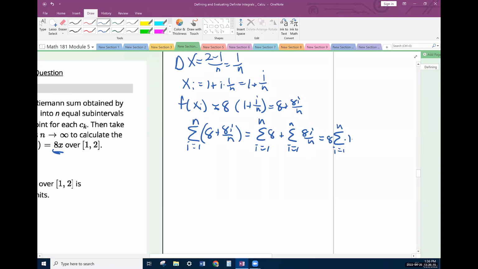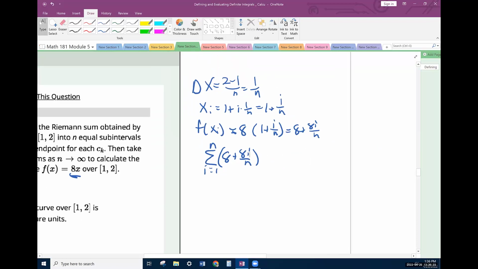Pull the 8 out, I guess, on the first pair. Second pair, I can pull an 8 over n out, and i goes from 1 to n. Oh gosh, I made a huge mistake and no one caught me. I don't blame you though. Sorry, huge mistake. I forgot to multiply by my delta x, it's 1 over n.